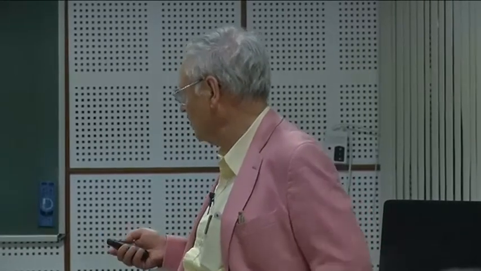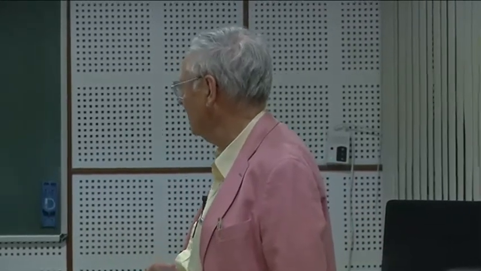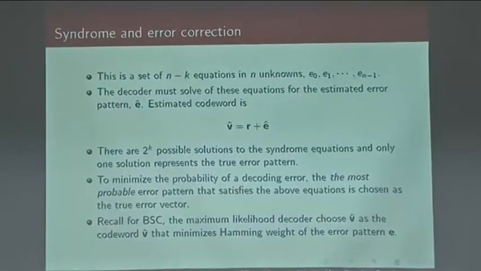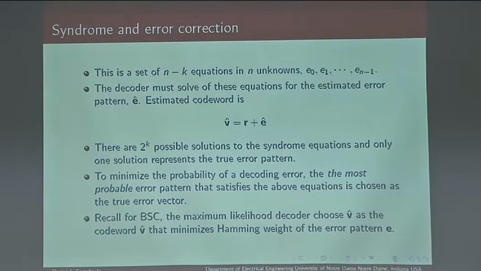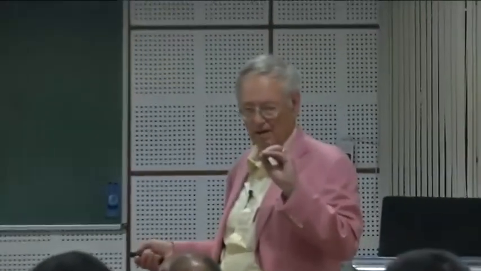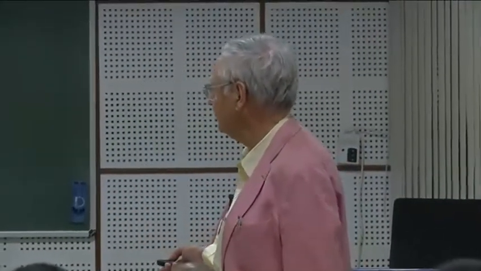So that corresponds to minimizing the Hamming weight of the error pattern. But here we're not looking at all error patterns. We're just looking at those which are possible solutions to this particular syndrome that we've calculated from our received vector.